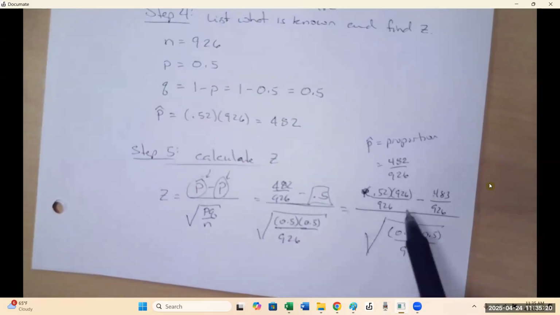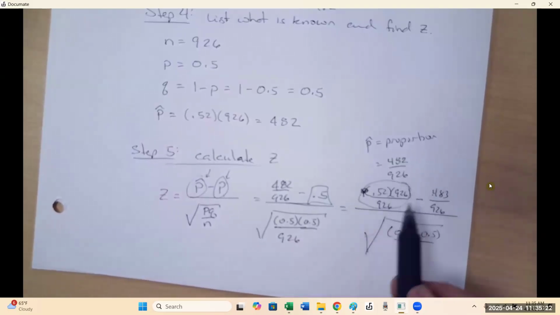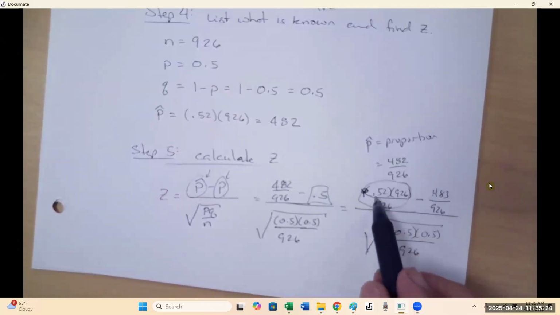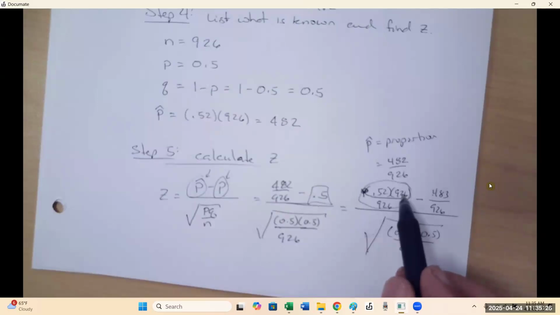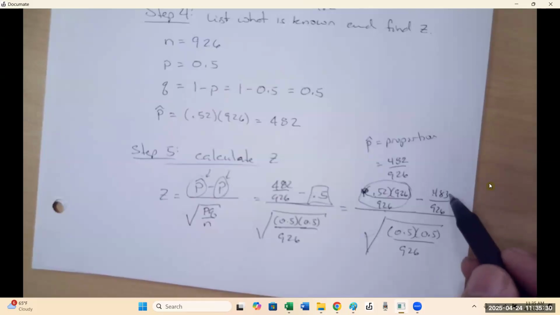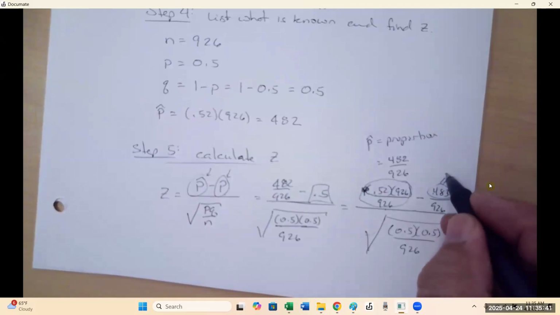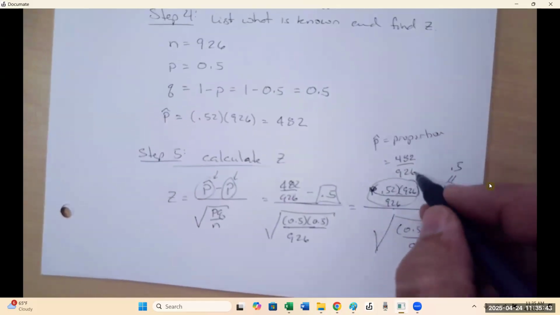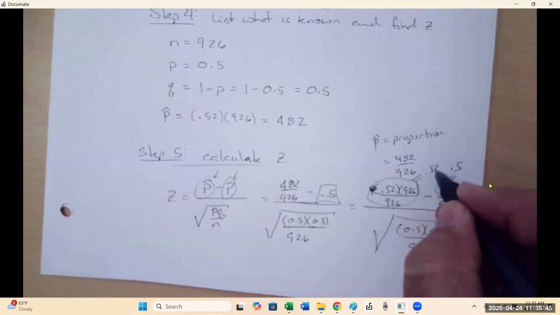Notice all of these, this is p hat. It's 52% of 926 divided by 926. What's that proportion? This one, since it's 50-50, what's half of 926? It's 483 divided by 926. So this equals 0.5. This equals 0.52.